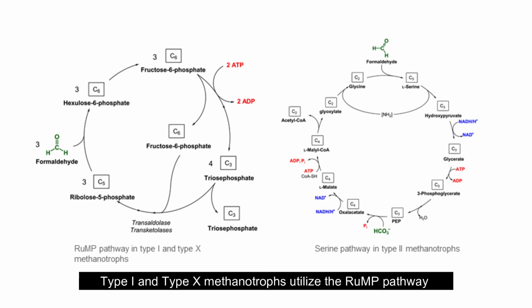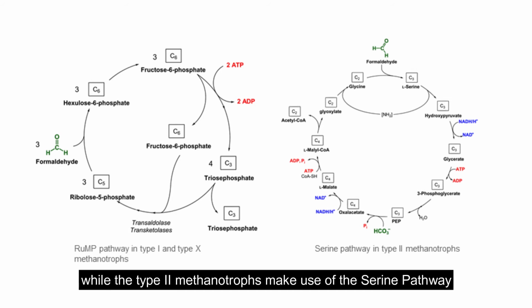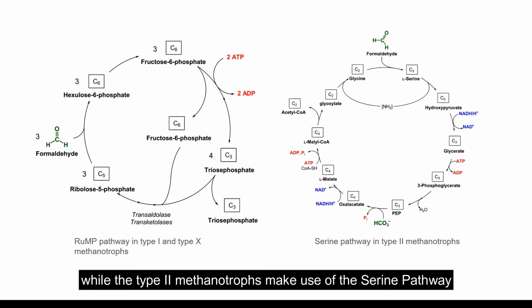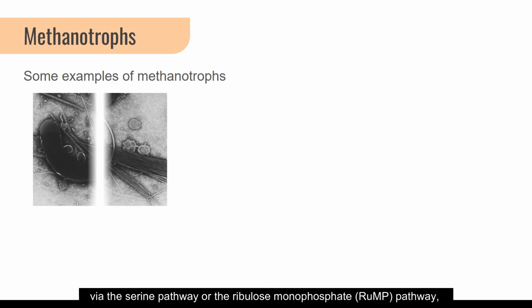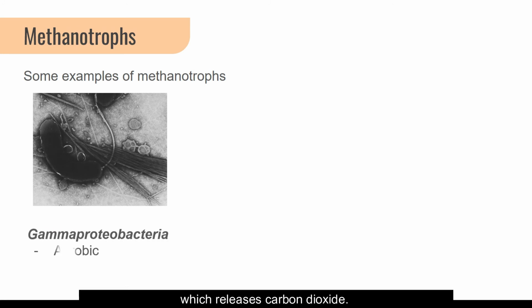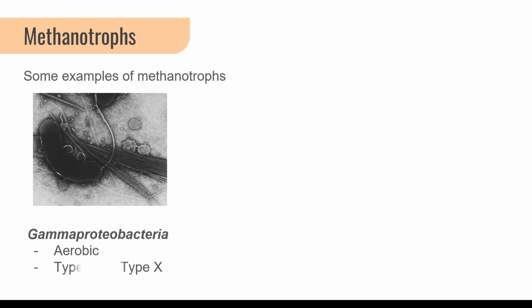Type 1 and Type X methanotrophs utilize the RuMP pathway or the ribulose monophosphate pathway, while the Type 2 methanotrophs make use of the serine pathway. Under aerobic conditions, methanotrophs combine oxygen and methane to form formaldehyde, which is then incorporated into organic compounds via the serine pathway or the ribulose monophosphate pathway, which releases carbon dioxide.